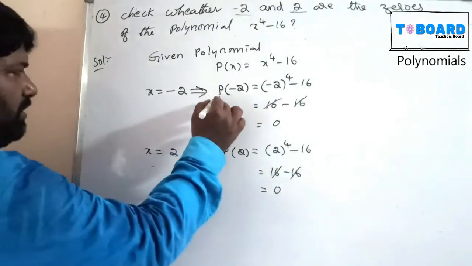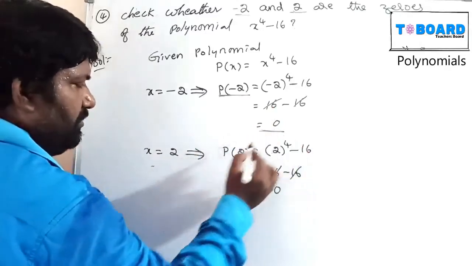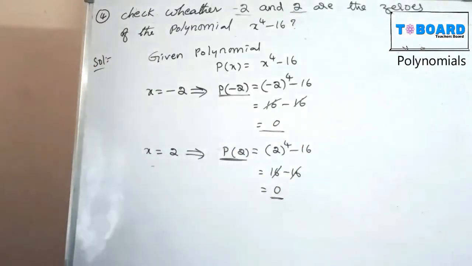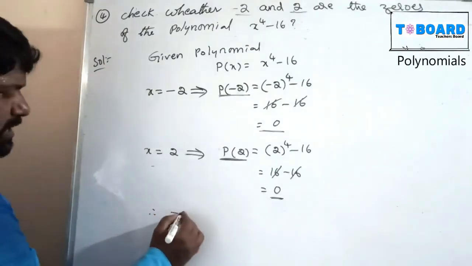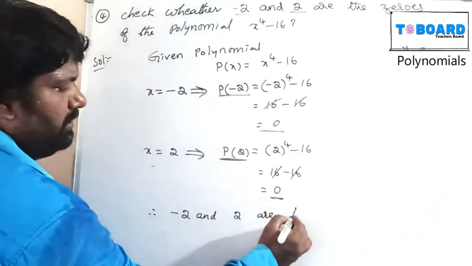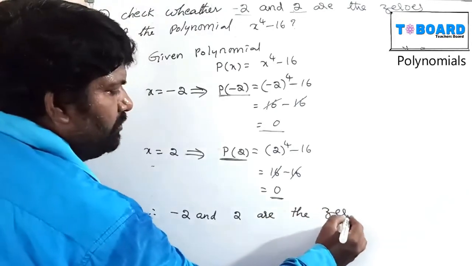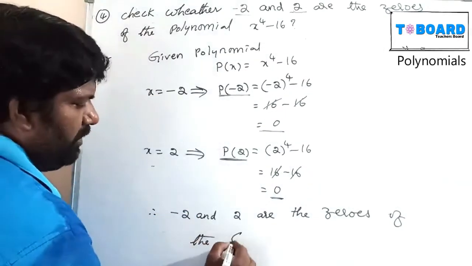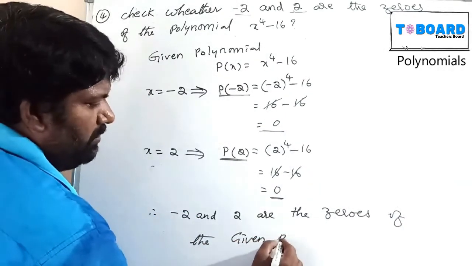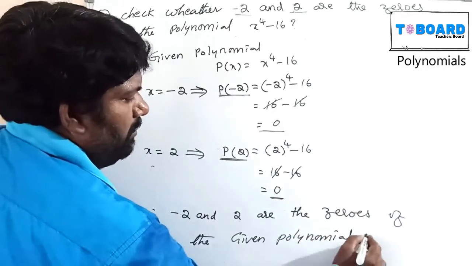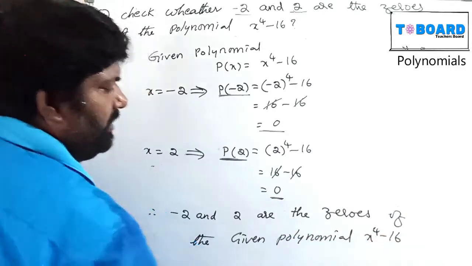That means p of minus 2 equals 0 and p of 2 equals 0. The result will be 0. So that means minus 2 and 2 are the zeros of the given polynomial x power 4 minus 16.